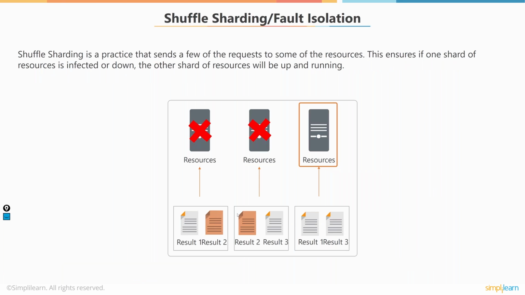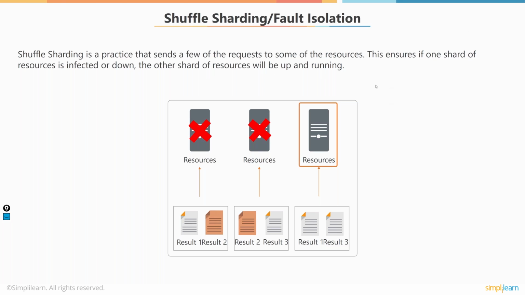So, next slide. Shuffle sharding fault isolation. Shuffle sharding is a practice that sends a few of the requests to some of the resources. This ensures that if a shard of a resource is infected or down, the other shards of resources will be up and running.